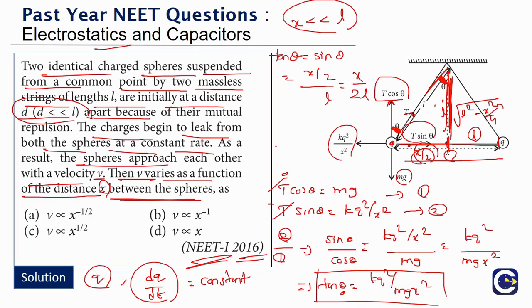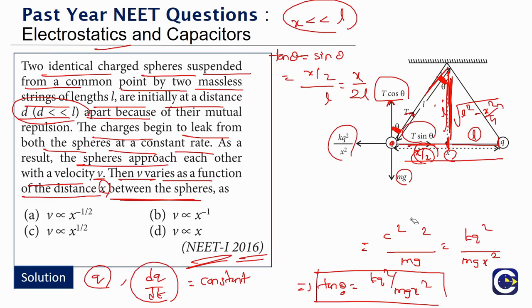Here we made one approximation. Since the x value is very small in comparison to L in that particular triangle, we have taken tan theta to be almost the same as sin theta.